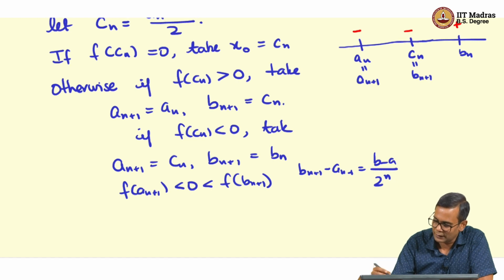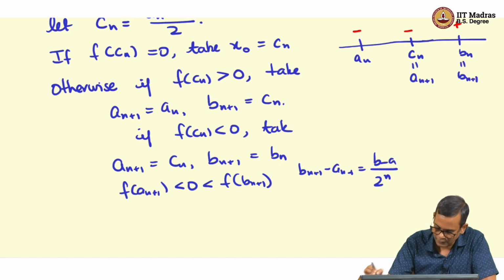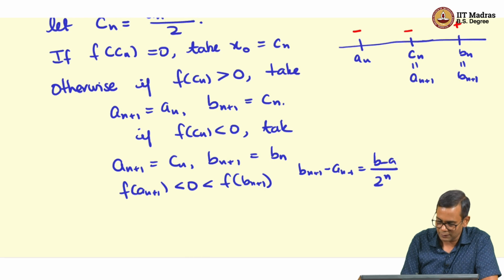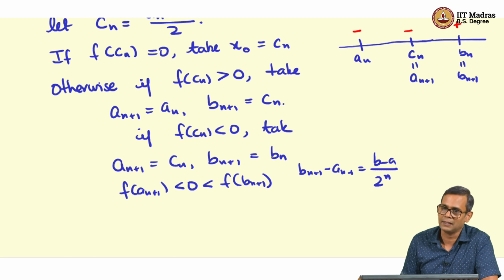So, we would now take A n plus 1 to be C n and B n plus 1 to be B n. And once again we would have f of A n plus 1 less than 0, but f of B n plus 1 greater than 0. And once again the distance between B n plus 1 and A n plus 1 would be half the distance between B n and A n, which would be (B minus A) divided by 2 to the power n.